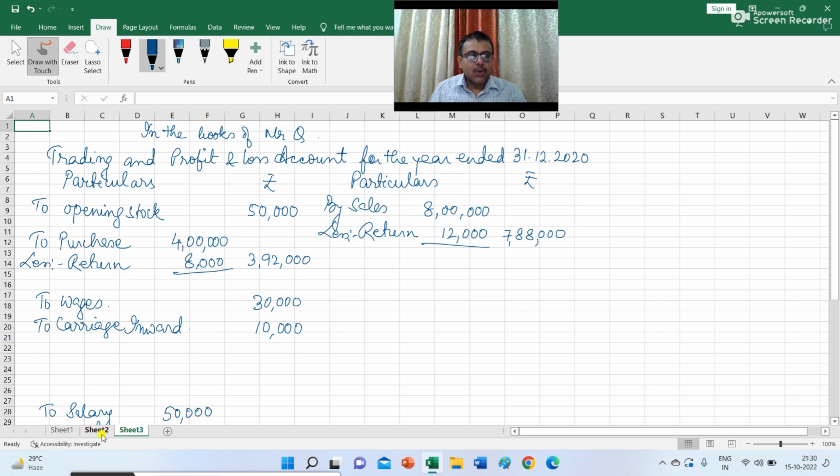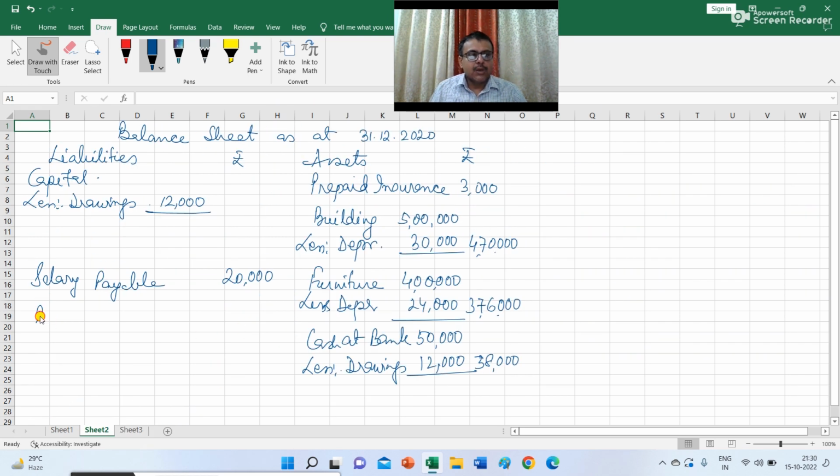Next is bank loan. So bank loan will be recorded on the liability side of your balance sheet, and the amount is rupees 3 lakh. There is no interest given, so I am not recording any interest for the bank loan.